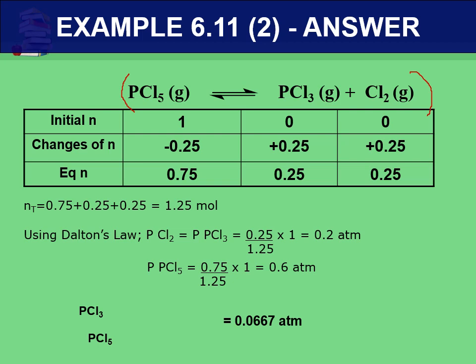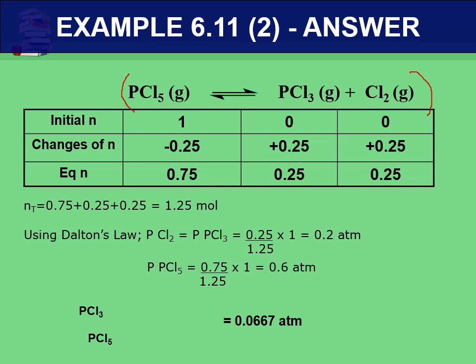The initial concentration of the reactant PCl5 is 1 or 100 because it is not decomposed yet. PCl3 and Cl2 is 0 respectively. Then we use the changes X or alpha given in the question.